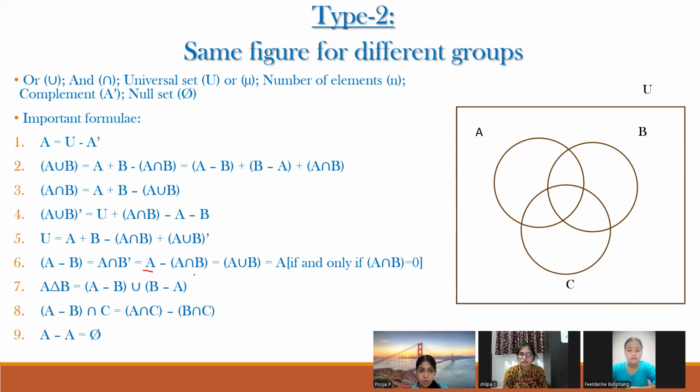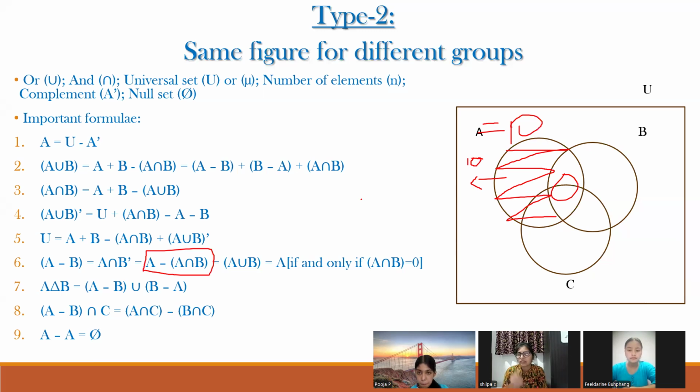You have this formula A minus A intersection B. Let us say this A value is given as 10, and this A intersection B is completely 0. So what exactly will be the value of A difference B? Only this. Because the intersection is 0 and the A value is 10, this red shaded area is also 10. Do you agree with me till here? Yes, ma'am.